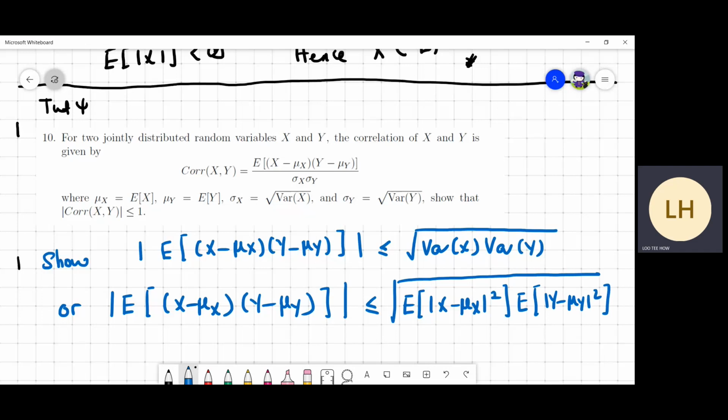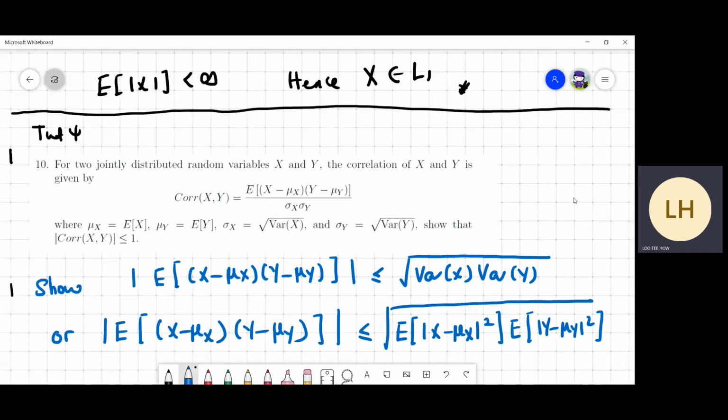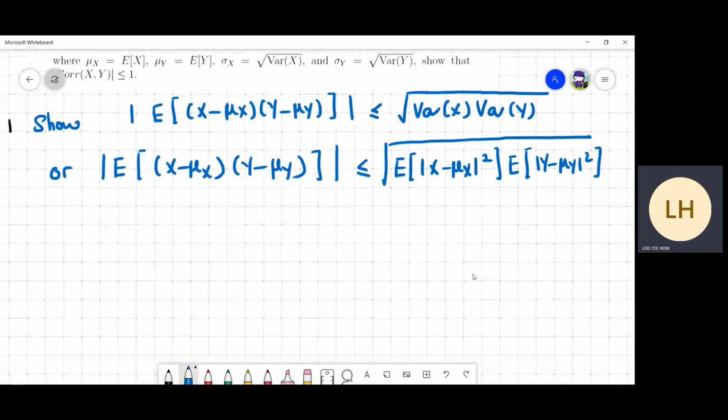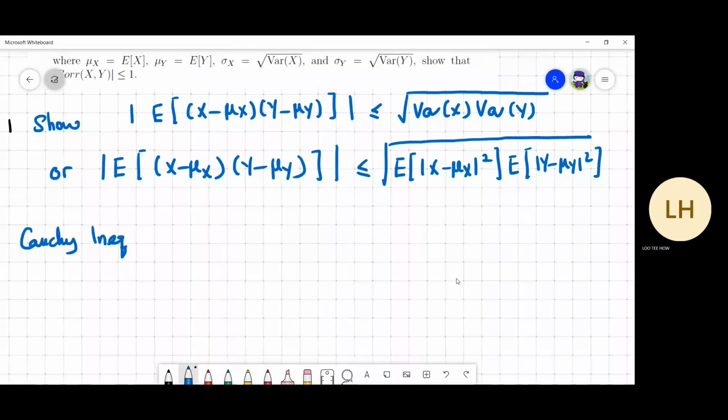So let's go back to our Cauchy-Schwarz inequality. Because the original statement of our Cauchy-Schwarz inequality uses x and y, it's a little bit confusing here. Let's restate the Cauchy-Schwarz inequality in other symbols.